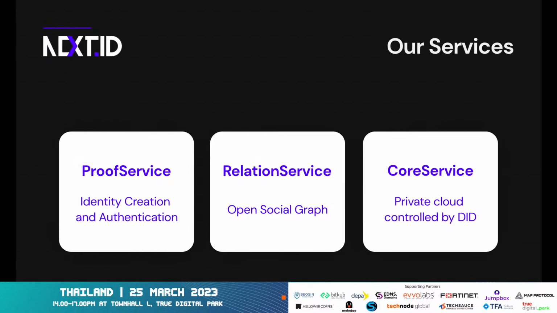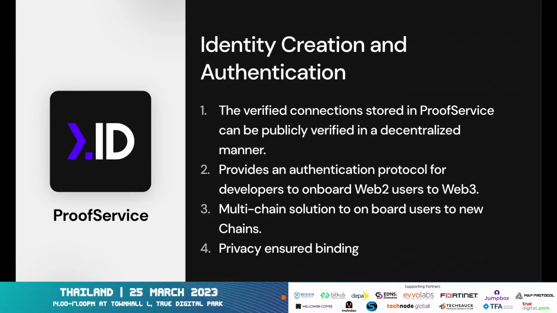Next, please. We have three services to support our approach. The first is identity creation and authentication, the proof service. The second is the relation service, the open social graph, and a core service, which is private cloud, Alibaba Cloud comes in, controlled by the ID. And next, please.